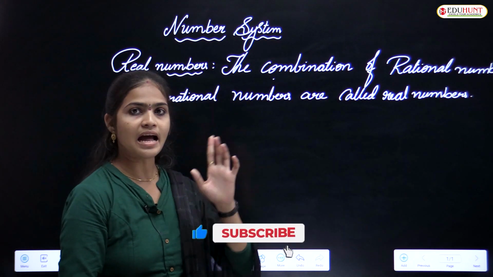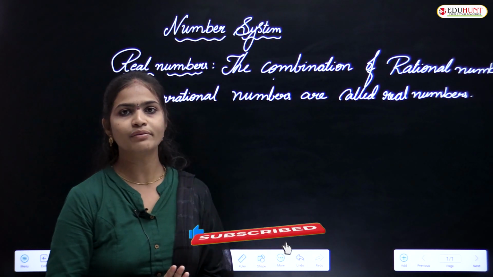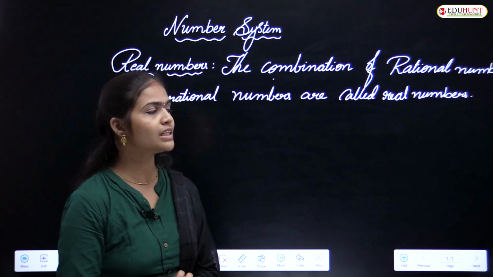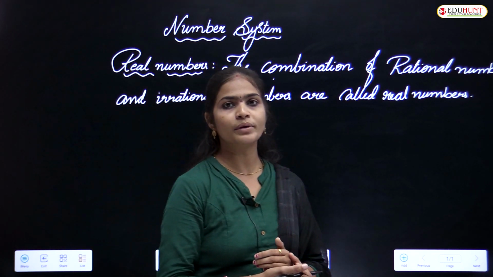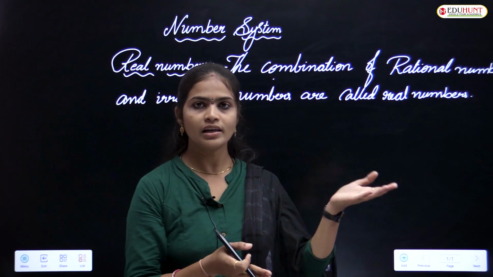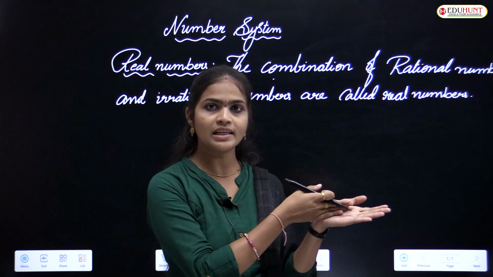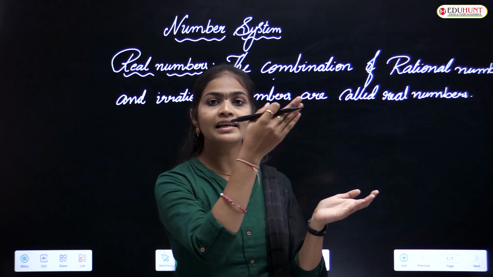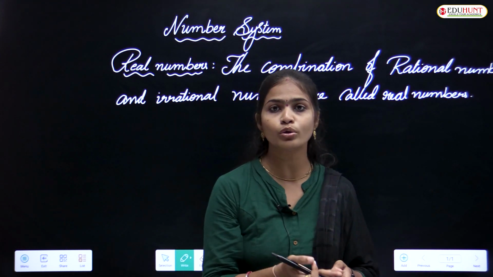At the starting of the class, in the starting video, I told you about the flow chart. In that flow chart you can observe that real numbers is the combination of rational numbers and irrational numbers. In rational numbers we can say up to integers and fraction parts, and in the irrational part we can observe root values also.